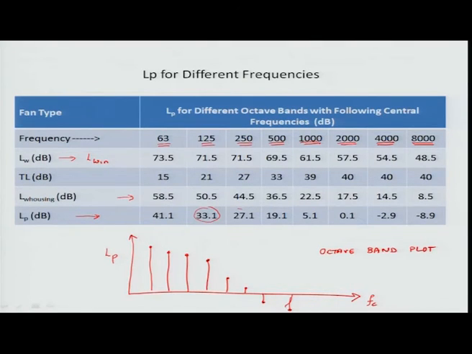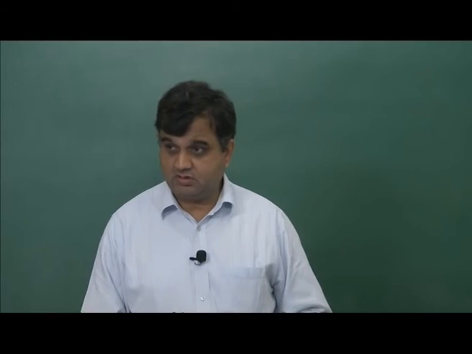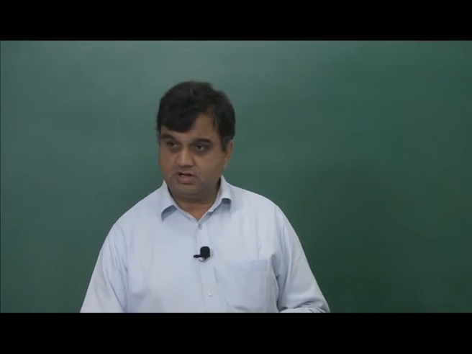Now, the final step we are going to do is, see, these are at different bands, we have different sound pressure levels, but we may be really interested in figuring out the overall sound power level or sound pressure level because of a combination of all these individual frequency components.